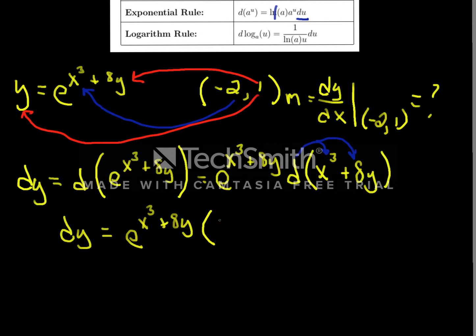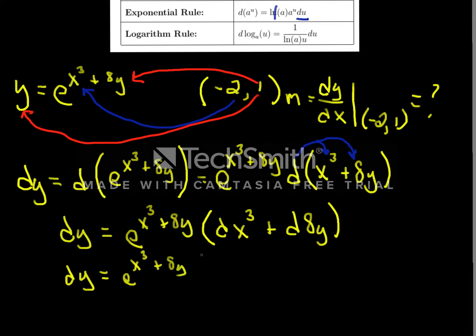So this is the differential of x cubed plus the differential of 8y. So dy is equal to e to the x cubed plus 8y times the quantity.